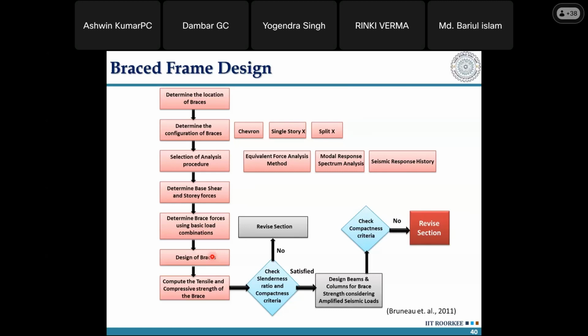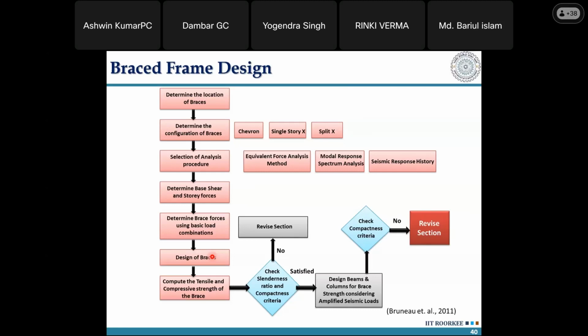And you will ensure that this is the final size of my brace, right? Once you have determined the basic size of the brace, you will never again touch or change the size of the brace, regardless of what the next procedures are. The next procedure is the capacity design of the force controlled elements, which are the beams and columns. While doing that, you will never go back and redesign your braces. I hope that is clear.